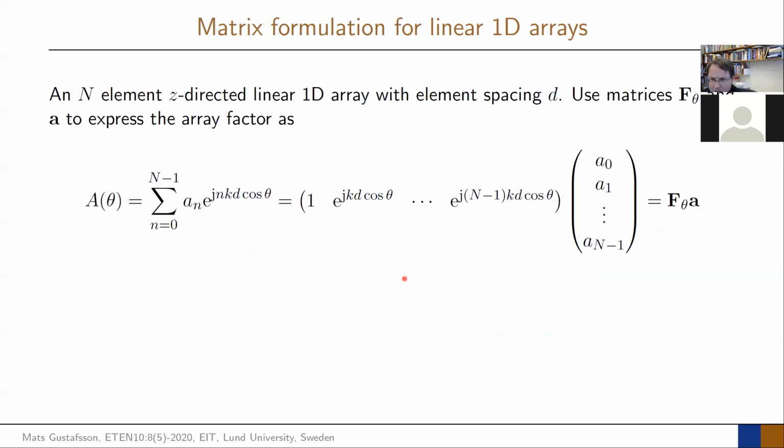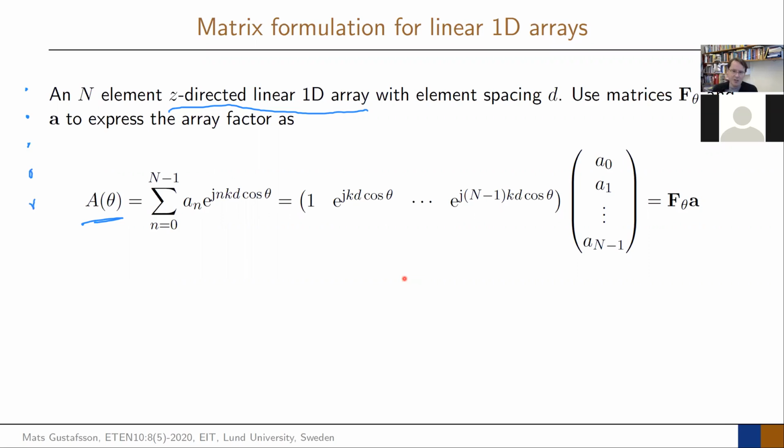Now if I want to write this up, because we want to have a formula that does these things, I can write up my array factor. We derived the array factor in the previous lecture. Now I have this z-directed 1D array, which means I have just elements here in the vertical direction.